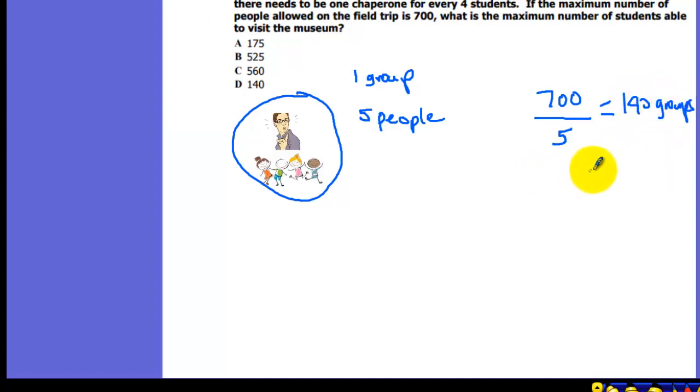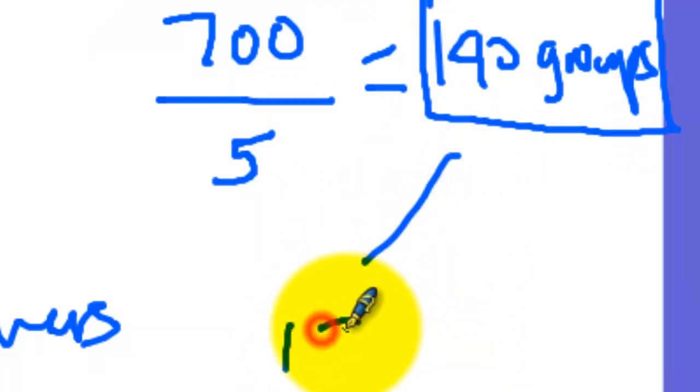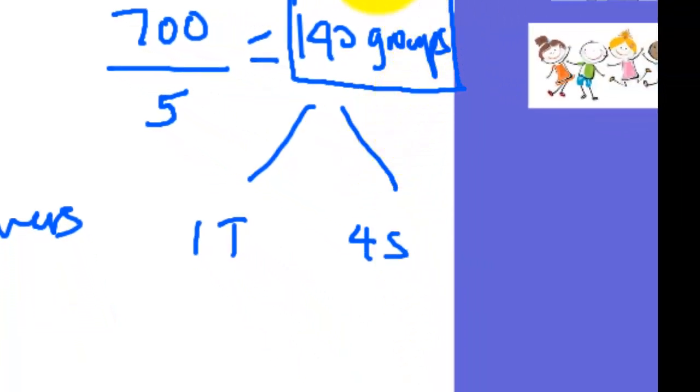So if we have 140 groups and each group consists of 1 teacher and 4 students, I can just multiply the 140 by 4 because each group consists of 4 students.